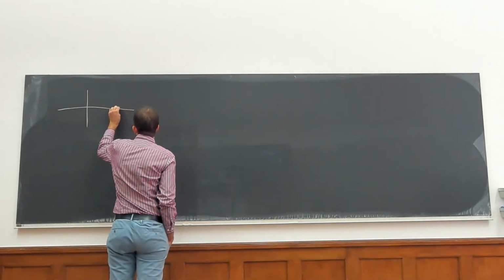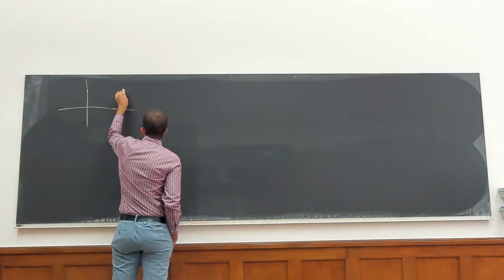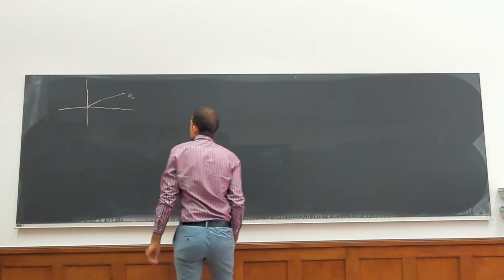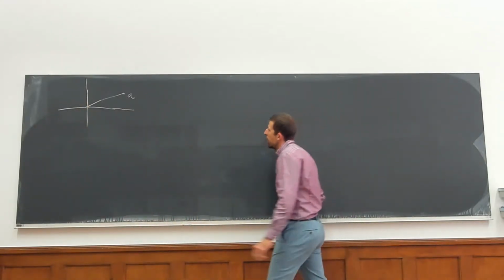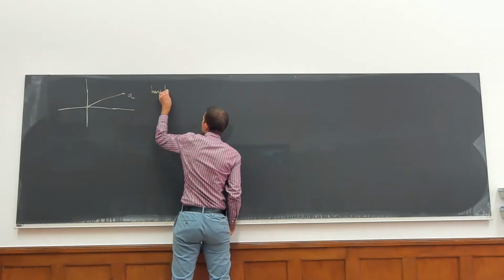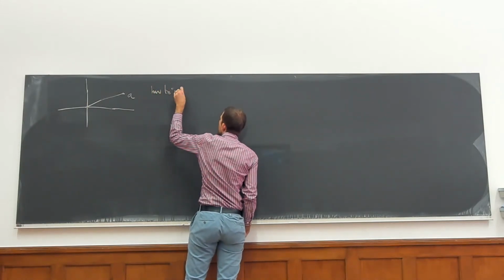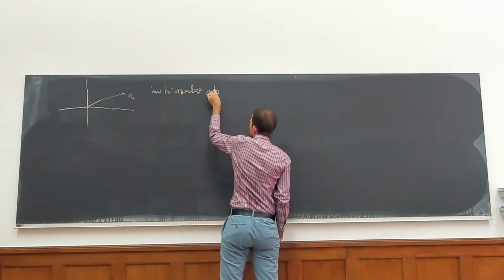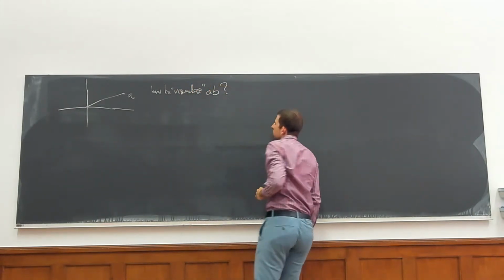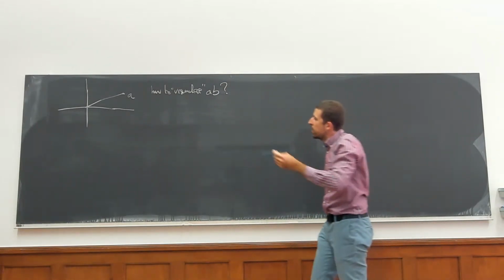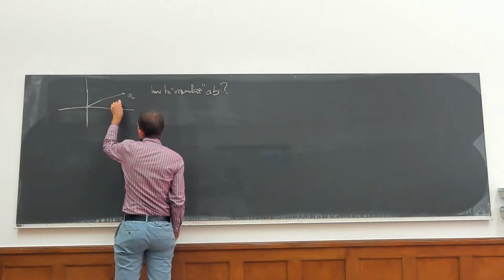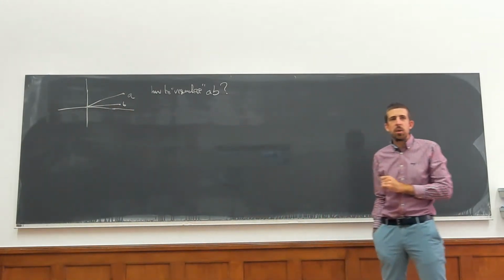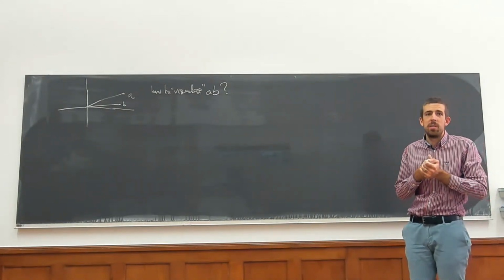Okay, so let me make some bigger axes. I have a number A, and my goal is to visualize A times B. Let's say we have some other number B. I want to take their product, and the question is, how can I visualize this operation?